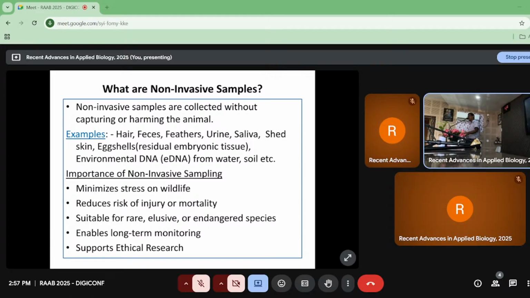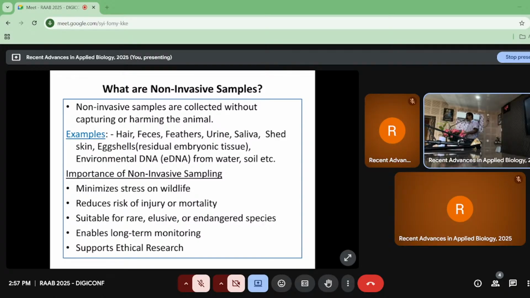Sometimes only a few individuals of a species are there in the wild, so we can't take samples from such individuals, and in those cases we must take non-invasive samples. Next, it enables long-term monitoring.